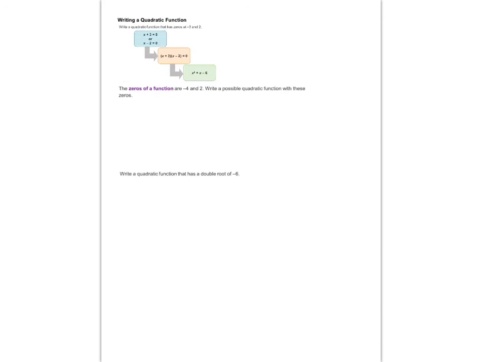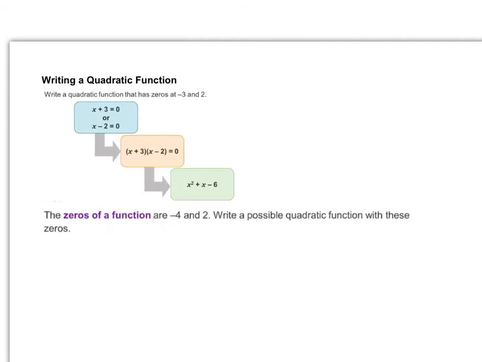Okay, on this next page, what we want to do is write a quadratic function given the zeros. So what we see here is that we have the zeros at negative 3 and 2. So you have to start with this because they kind of skip a step here. You have to go backwards. If you have x equals negative 3 and x equals 2, what you want to do is move these over and set everything equal to 0.